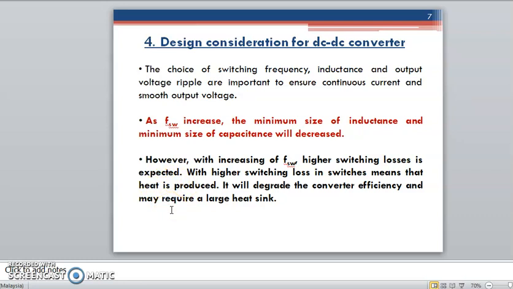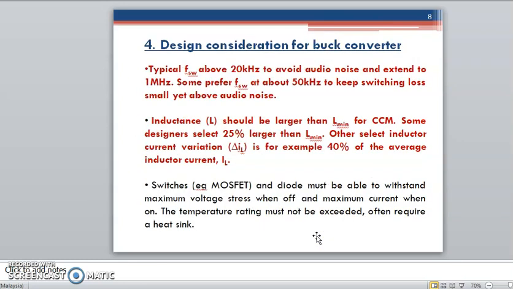Losses convert into heat, so they degrade the overall efficiency of your converter. You might have to use a larger heat sink for your switch, which might add extra cost to your design. Typically, you should operate above 20 kHz, because below 20 kHz there will be audible noise.